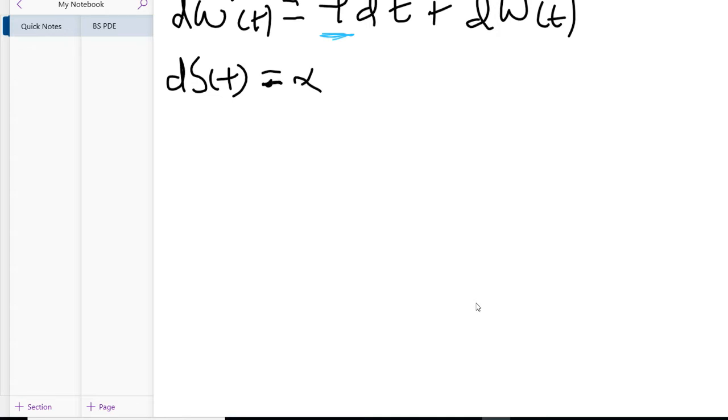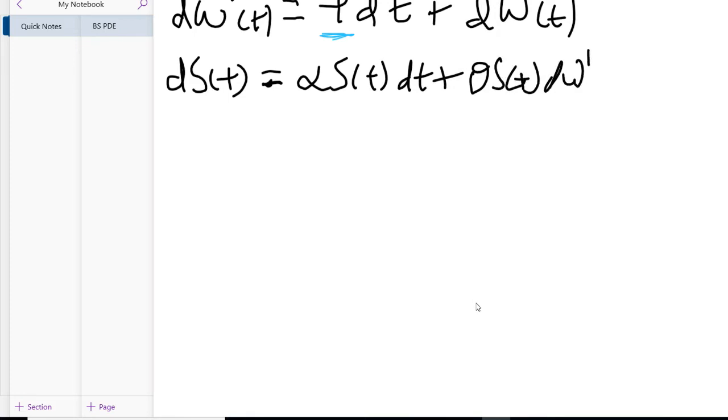So we know that it was given by a geometric Brownian motion, but instead we are going to consider the discounted price process.